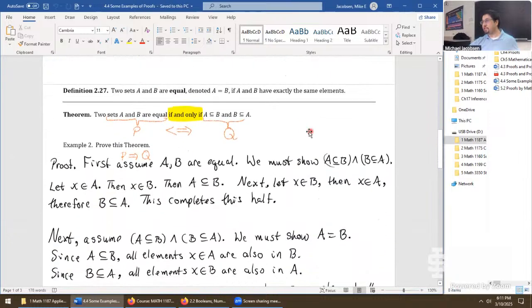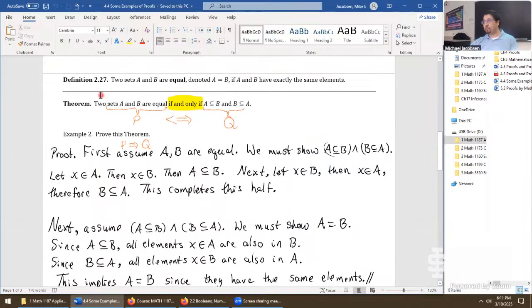Same idea with what's going on in example 2. We're proving the theorem above that two sets are equal, set equality, if and only if we have two subset relationships. A is automatically a subset of B, and at the same exact time, B is automatically a subset of A. And when we went through all this information here, we found that, well, it's an if and only if.